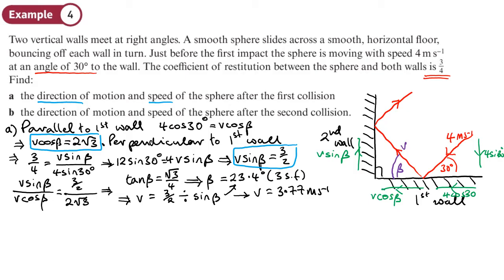So we have our angle beta, let's just highlight it, and we have the velocity there. Now I'm going to try and keep hold of those, because in part B it tells me I want the direction of motion and the speed after the second collision.